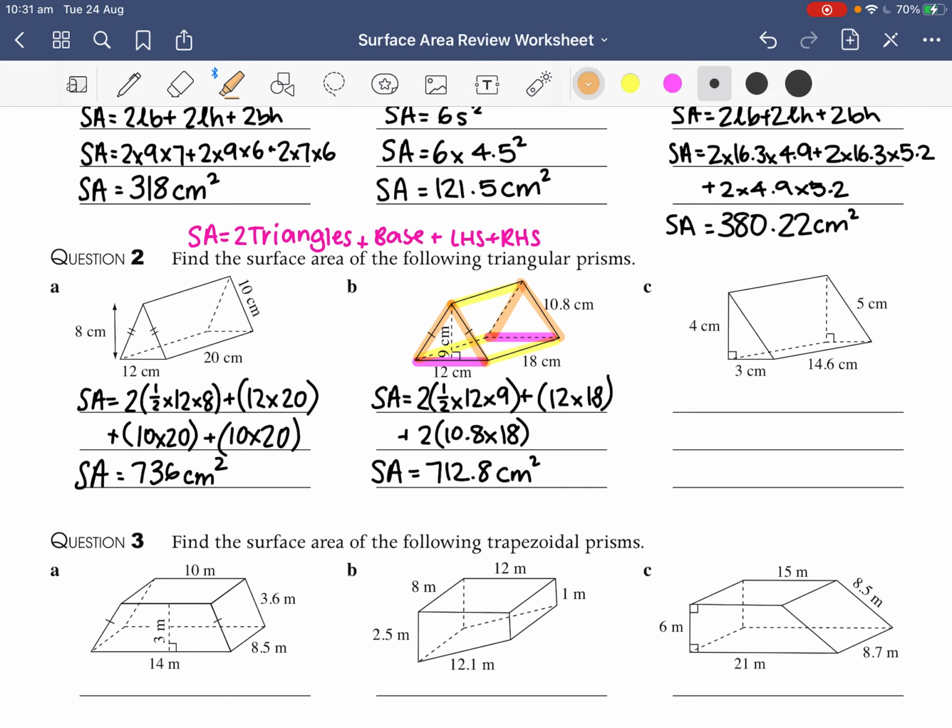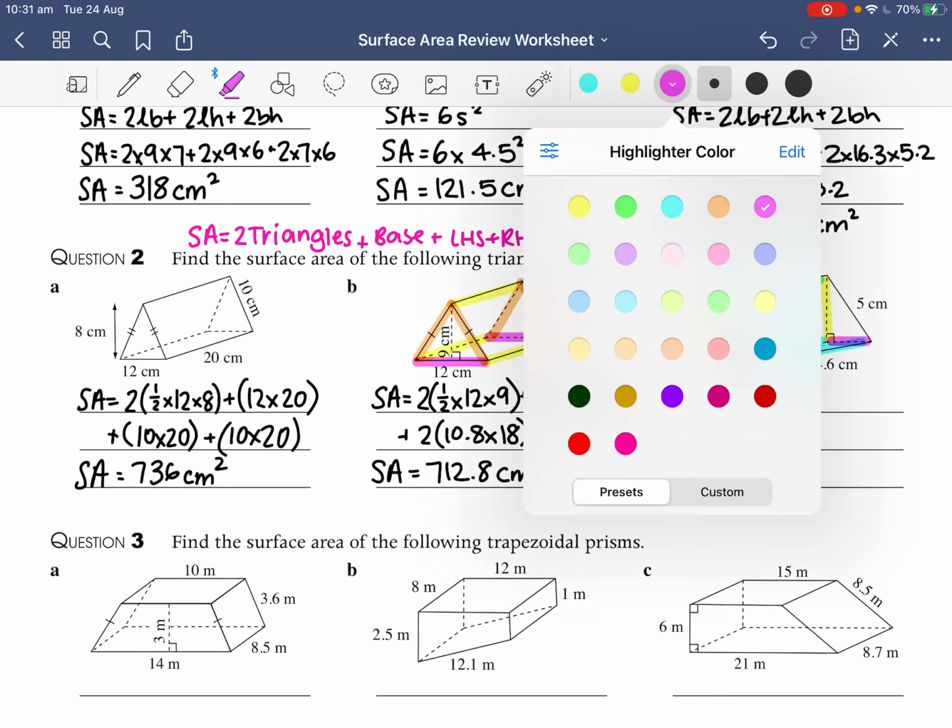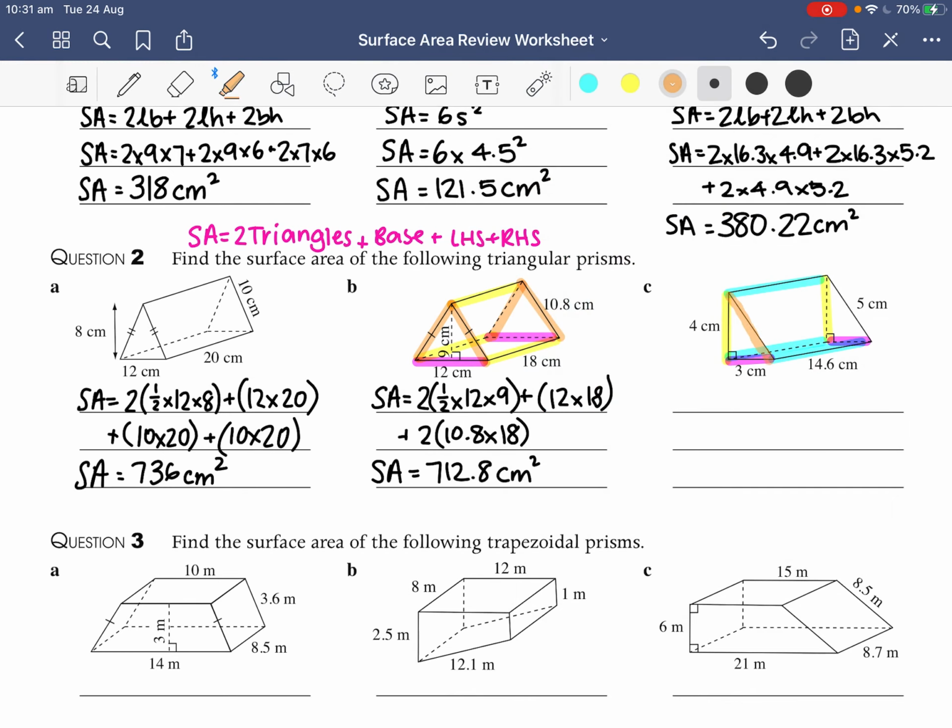For our last triangle, we have our length here is 14.6, and that is all of those lengths. We have our height is 4. We have our base here is worth 3, and we have that our hypotenuse of our triangle is worth 5.